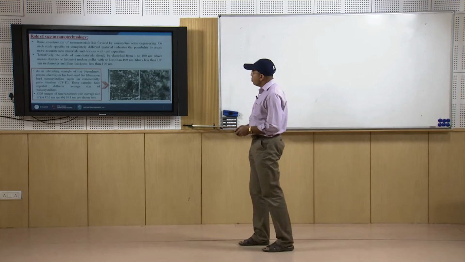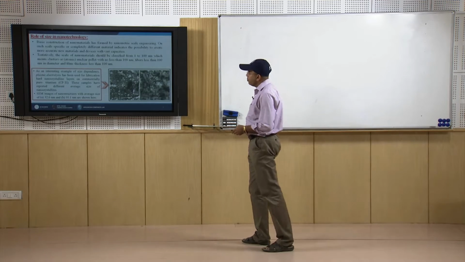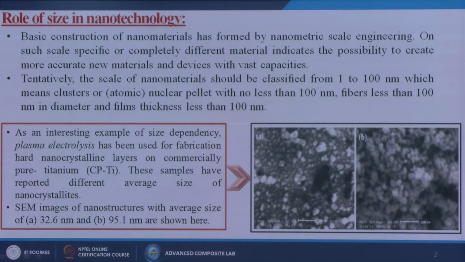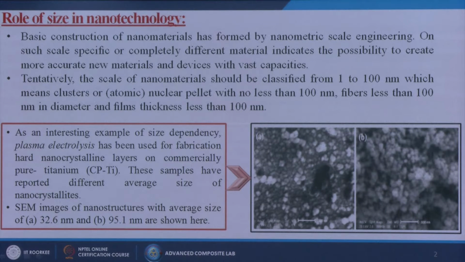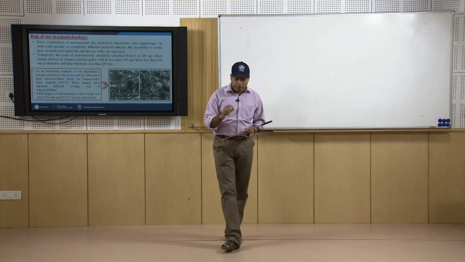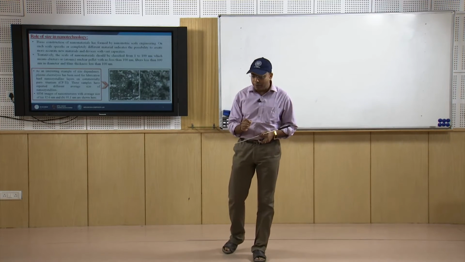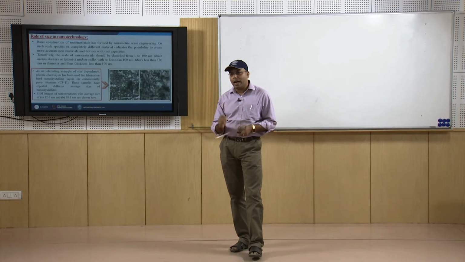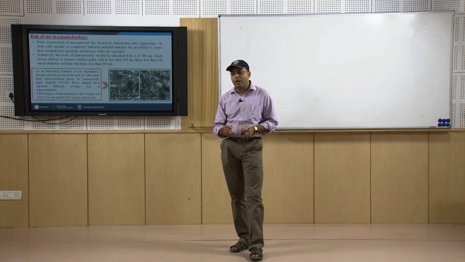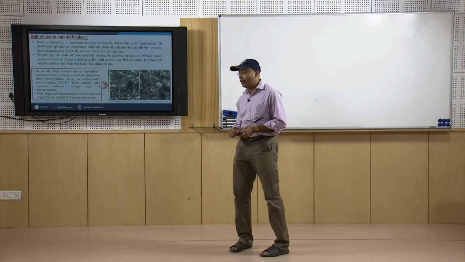Here also we give some examples: the scale of nanomaterials is classified from 1 to 100 nanometer, which means clusters or atomic nuclear pellets of no more than 100 nanometer, fibers less than 100 nanometer in diameter, and film thickness less than 100 nanometer. So whatever particles, fibers or pellets I am going to use, the diameter of those nanoparticles is less than 100 nanometer.